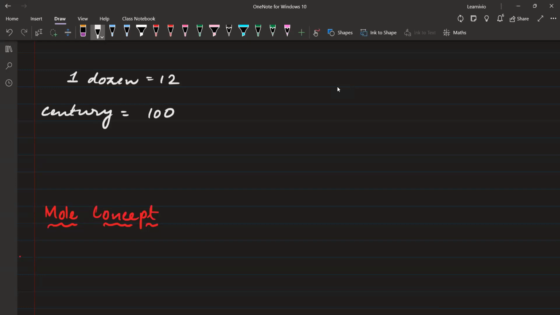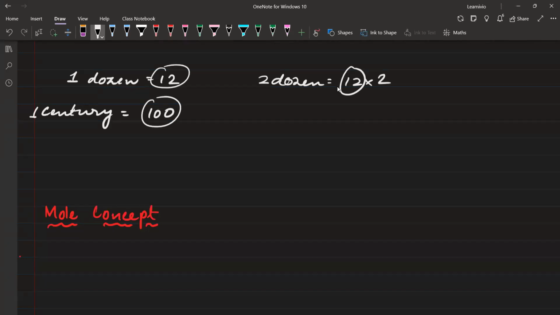So dozen, century, all of these things are just numbers. And similarly, 1 mole is also a number. Like if I say 1 century, it is 100. But if I say 2 dozen, we do 2 into the amount that is in 1 dozen, that is 12 into 2.